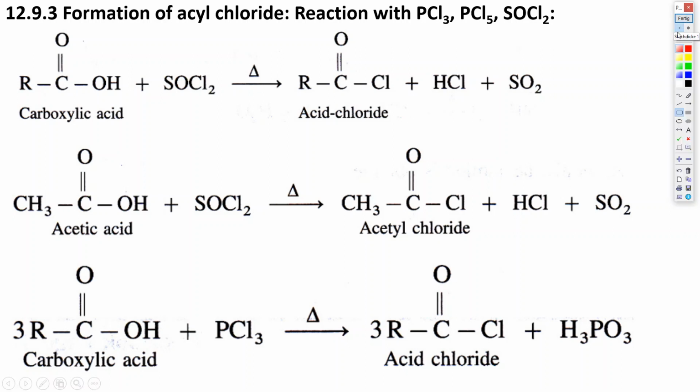So in this reaction, what happens? When carboxylic acid reacts, in its OH group, firstly the SO from thionyl chloride and the oxygen from the OH group will form the first minor product, sulfur dioxide. I will repeat this point.